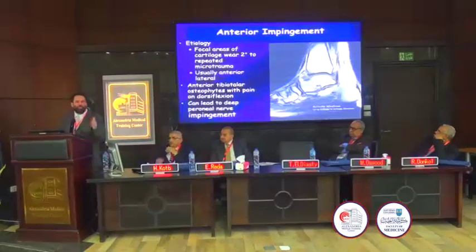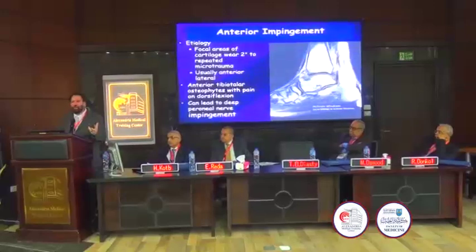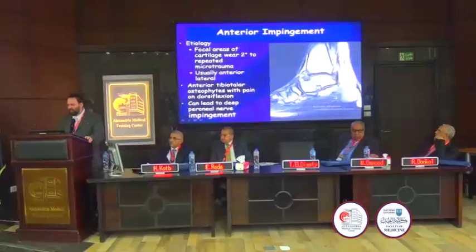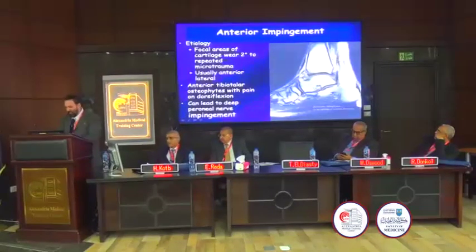And the reason why it's mixed is they cause a synovitis there as well, so you get a combination of osteophytes and synovitis. So here is a T2 weighted image, and you can see this osteophyte off the anterior aspect of the talus. We'll show you the synovitis in a second, but this would be anterior osseous impingement.